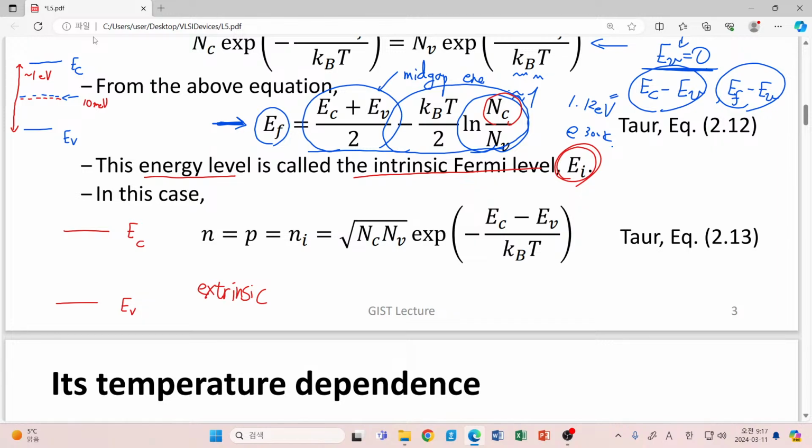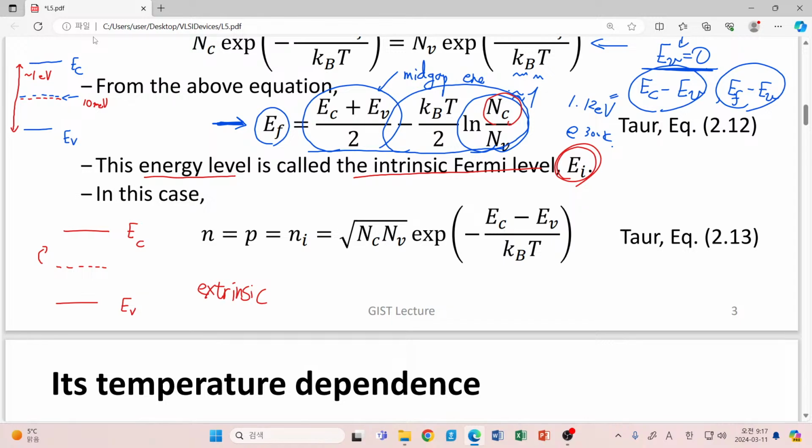We have introduced some impurities into it. Then my question is, where do we have the actual Fermi level? For example, if we introduce some donors into it, then although our intrinsic Fermi level is located here, it will be moved closer to the conduction band level.